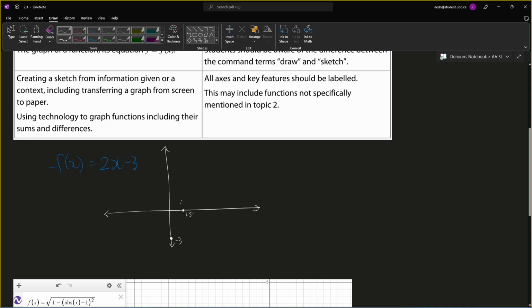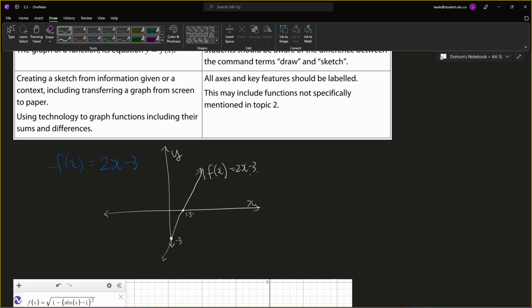Maybe I can try that again. That looks better. Let's label the y-axis. Let's label the f-axis. Let's label the function. Why not? We're done. We successfully sketched this function.